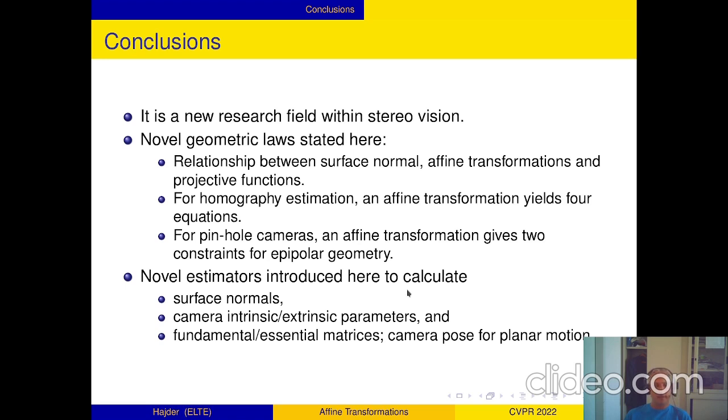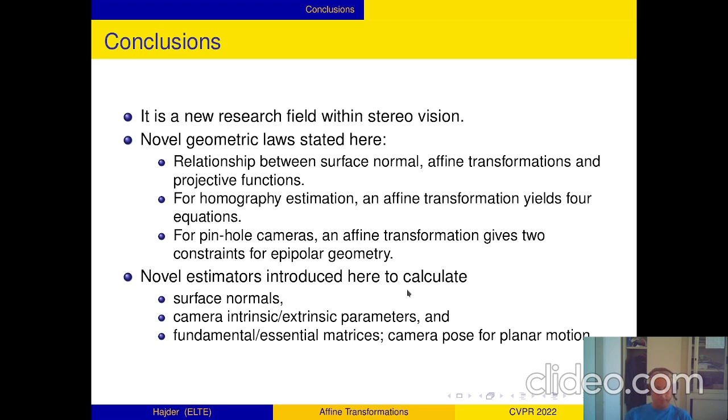The second one was quite simple, because the equations were given by simply taking the partial derivatives of the homography, but four equations can be formed which connect homography and affine transformation. And finally, the third law was a two-dimensional equation which connects affine transformations and the epipolar geometry.